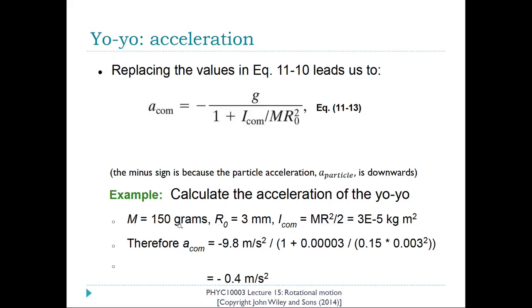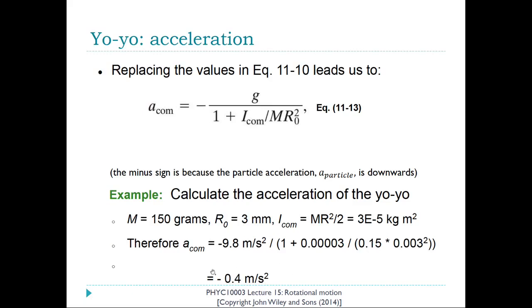So if we convert this, of course, we need to remember to convert this into our standard SI units. We can get our answer as 3 times 10 to the negative 5 kilograms meter squared. And we know that the acceleration of this system is 9.8 meters per second squared, g, divided by these numbers we pop in here.